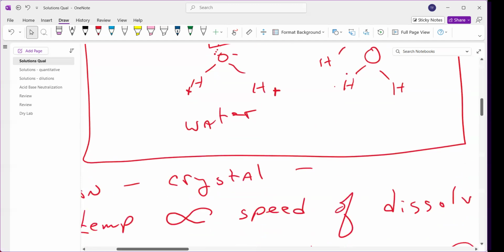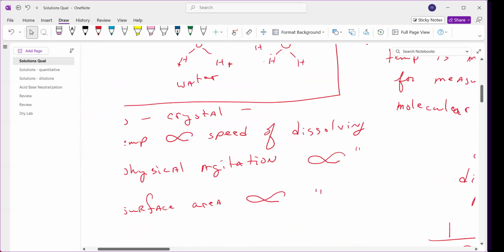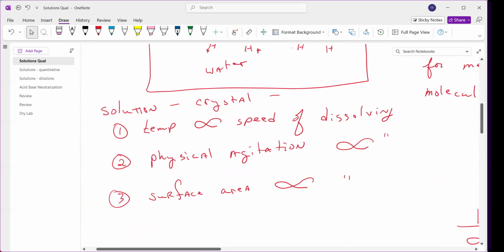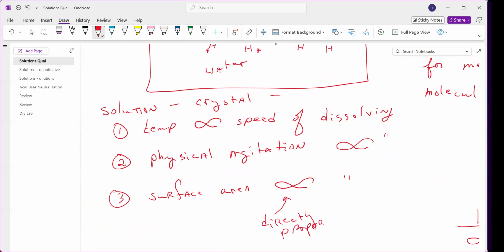So if we increase the temperature of the water, we speed the dissolving. So this means directly proportional. If one goes up, the other goes up.